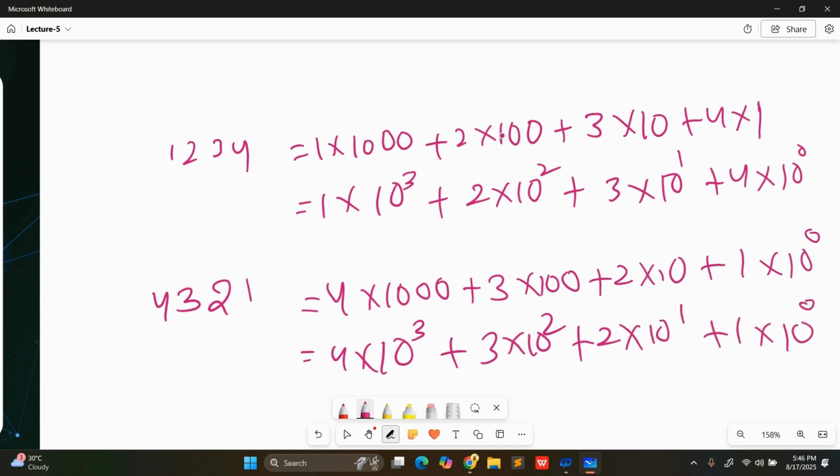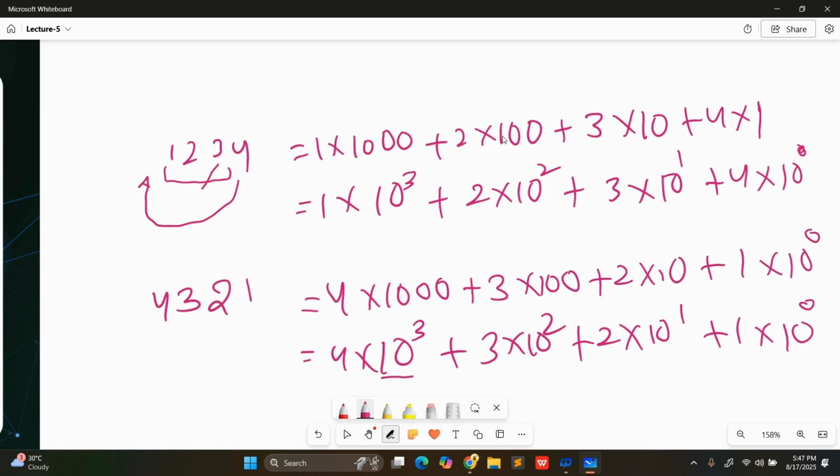If you observe here, you are shifting 4 by 3 places, is it right? How many places? 3 places. Initially 4 has only 10 power 0, so when it got shifted 3 places, it got multiplied by 10 power 3.